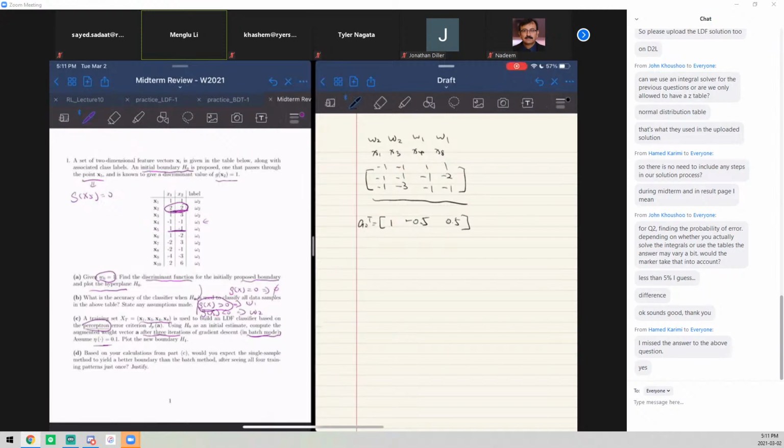Now we start the perceptron error update. Since we are in the batch mode, we need to multiply the weights to all selected data points. We don't do it one by one. For the first iteration, we apply the weight to all data points.